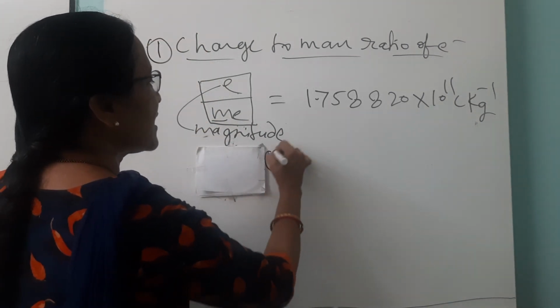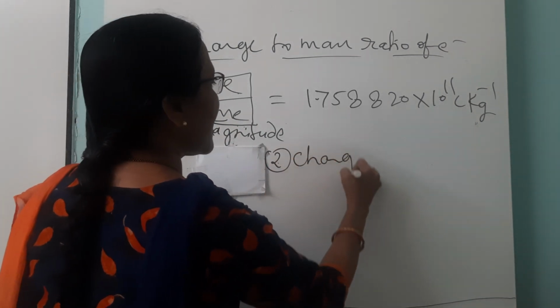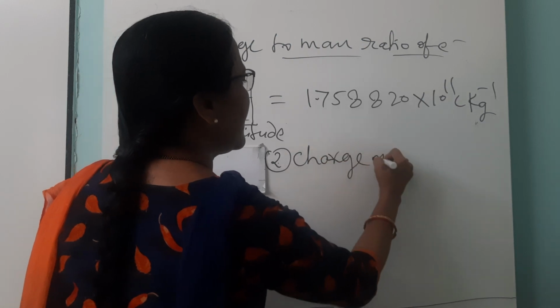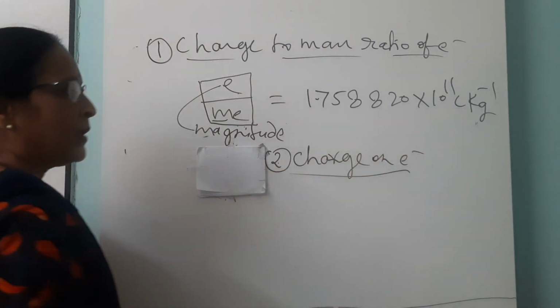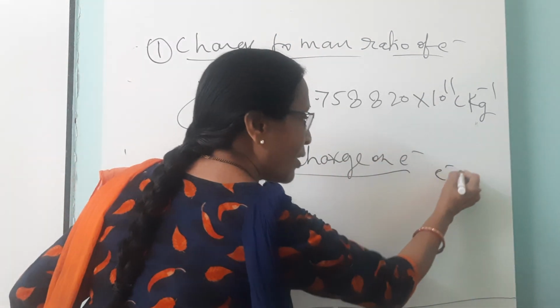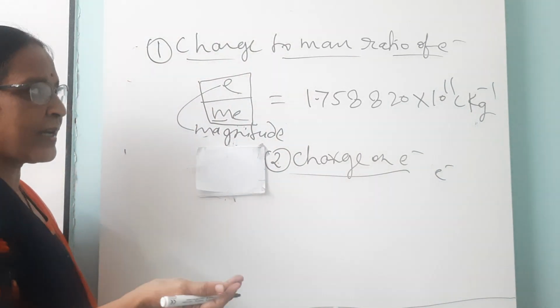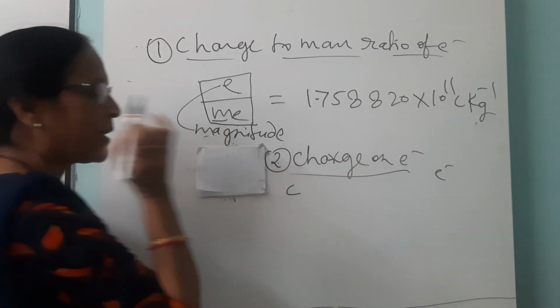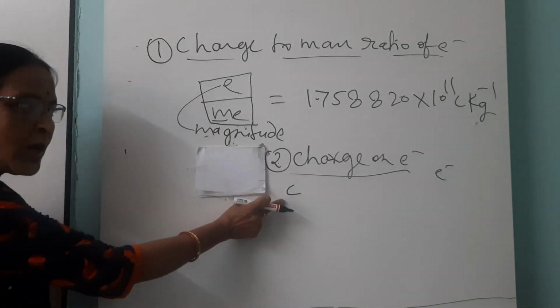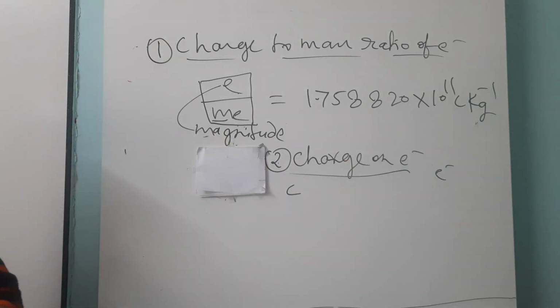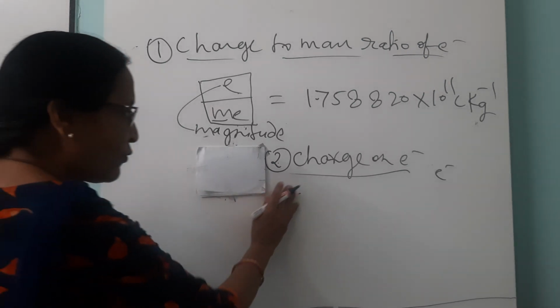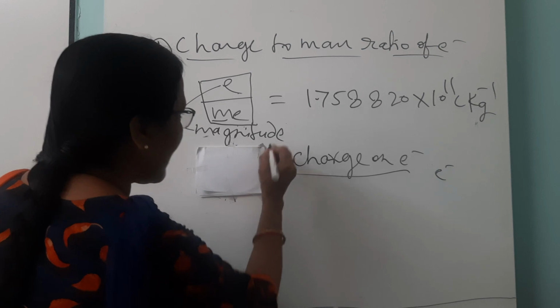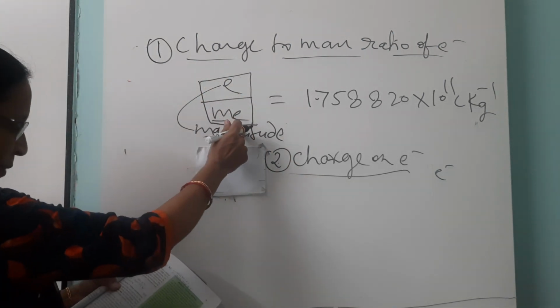Now the second one, which is also very important: the charge on the electron. But how much charge is there? To calculate charge, the unit we have taken into consideration is the coulomb. For that you also have to remember the value of e upon m_e.